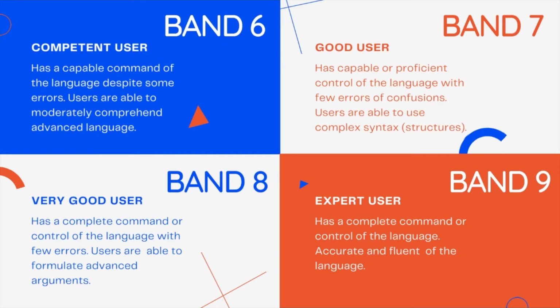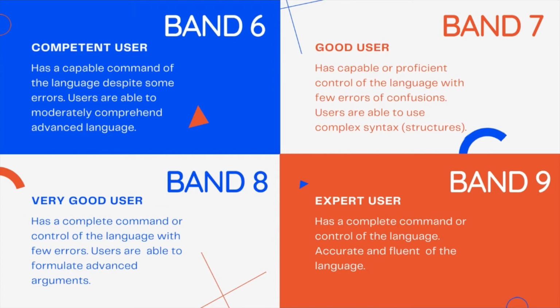Therefore, you can understand fairly complex language in particular situations, like very familiar situations. A band score 7 has a proficient control of the language. Although you will find occasional inaccuracies or misunderstandings, generally, a band score 7 user can comprehend complex language or complex syntax.